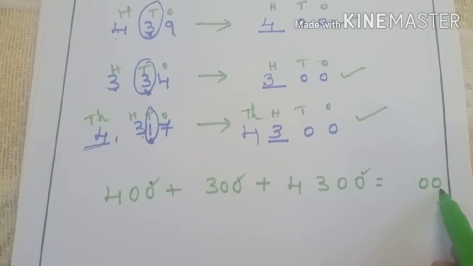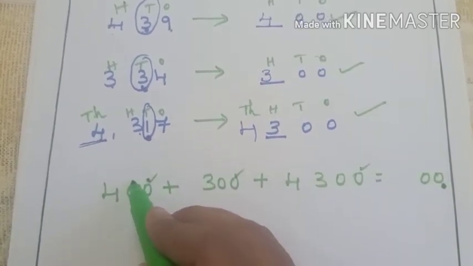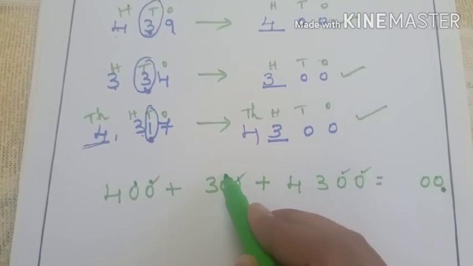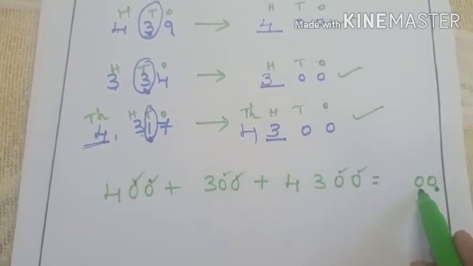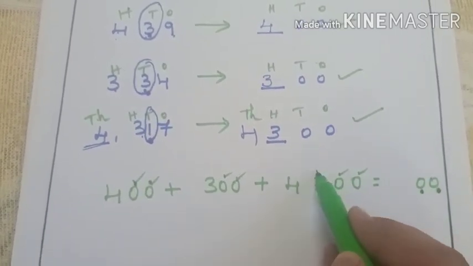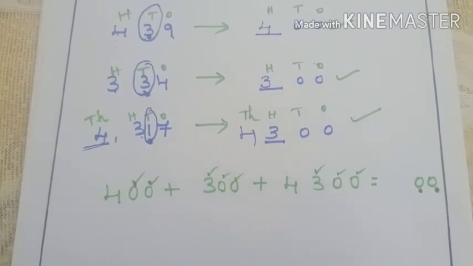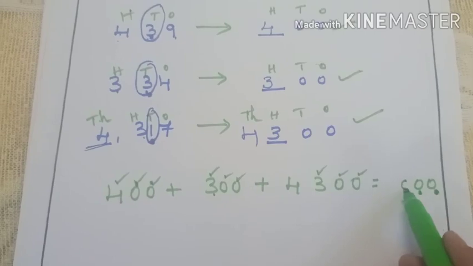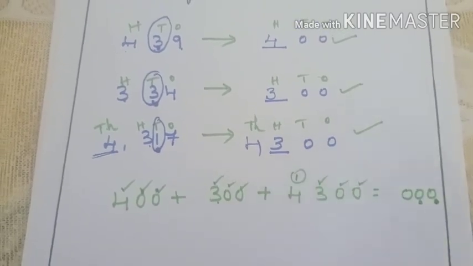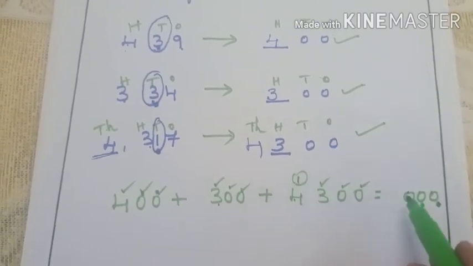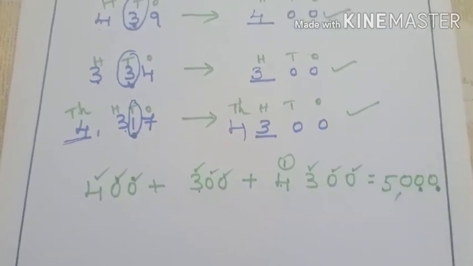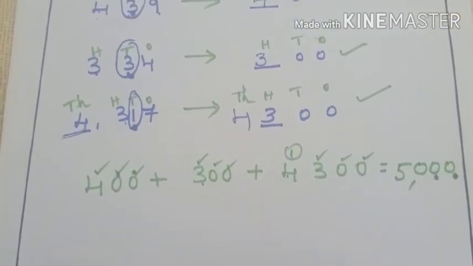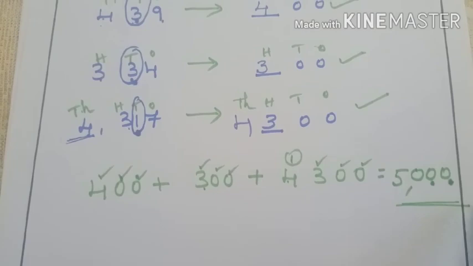Ones place is 0. Next tens place 0, 0, 0. Tens place is 0. Next hundreds place 3 plus 3 is 6. 6 plus 4 is 10. 10 means 0 and 1 carry to the thousands place. 4 plus 1 is 5. You can also do the vertical addition if you need. Fine, the answer is 5000.